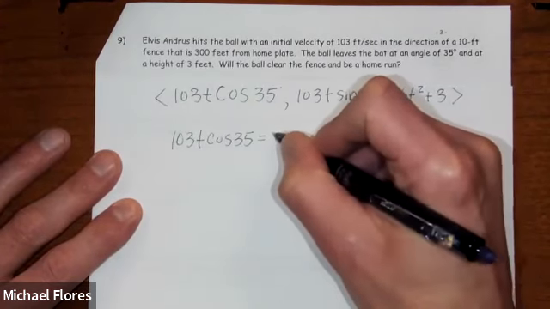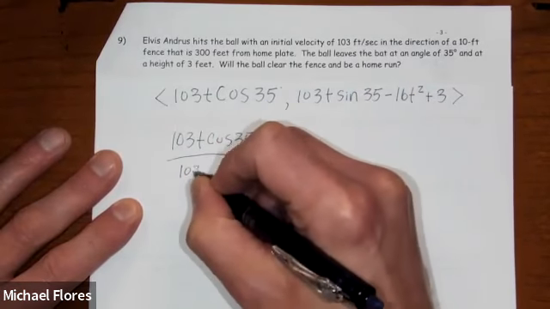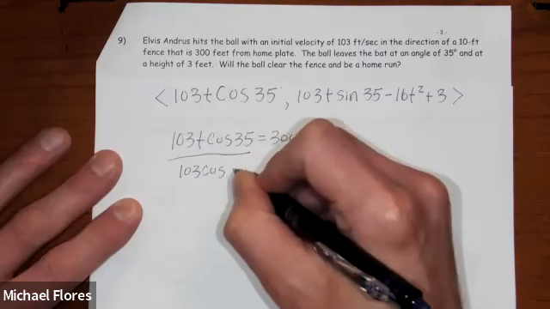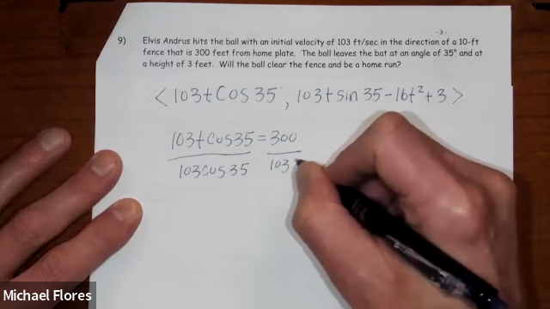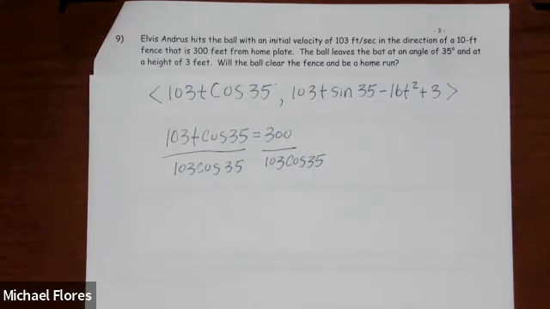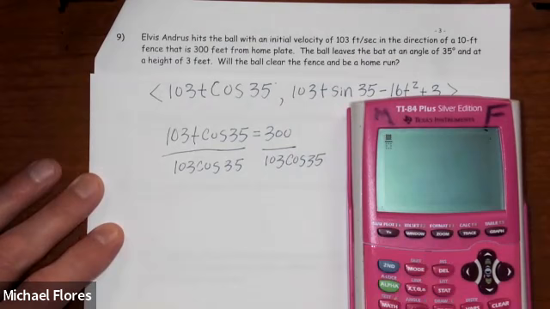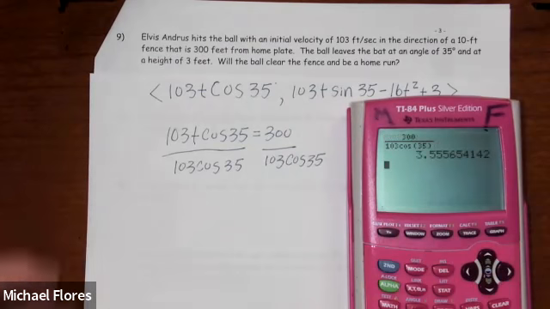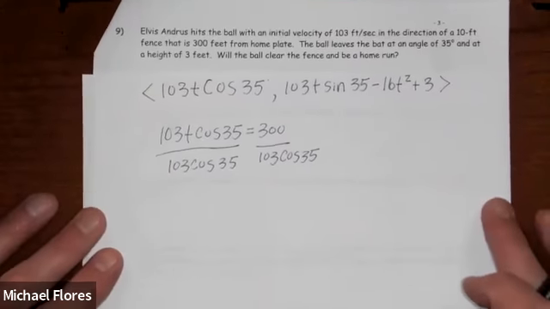We're going to set it equal to 300, and then divide both sides by 103 cosine 35. Looks like it's going to take 3.556 seconds to reach the fence.